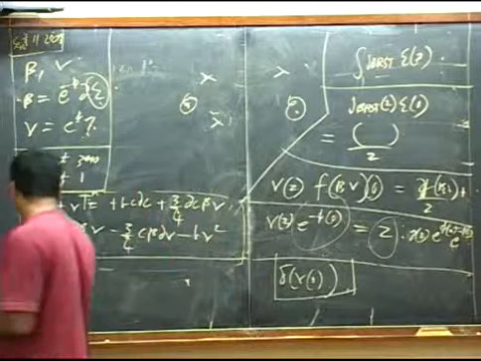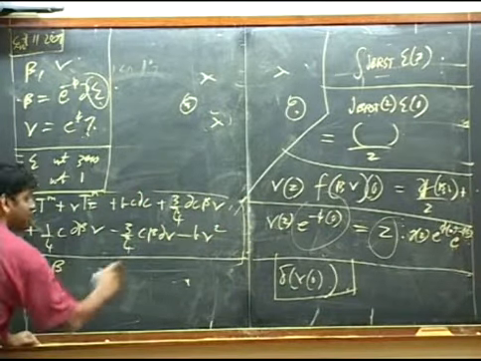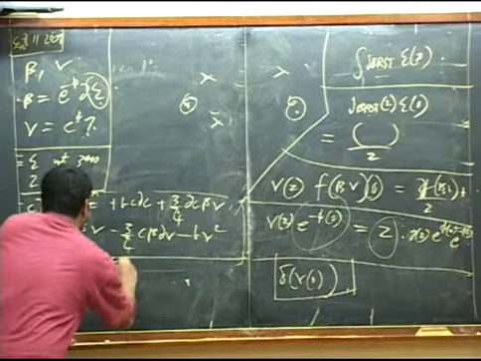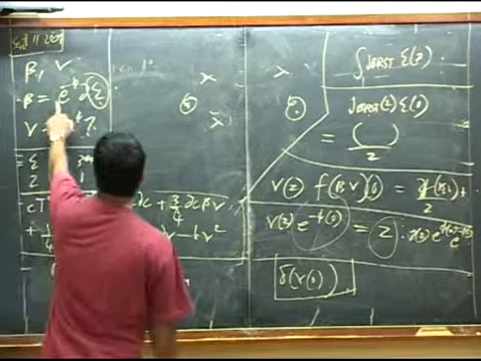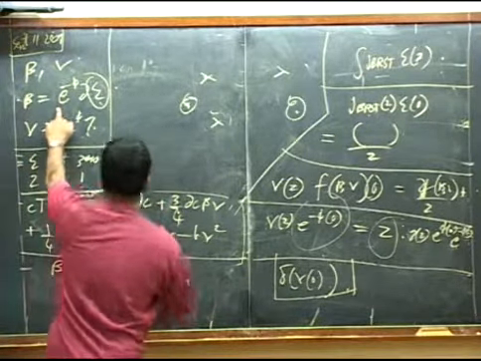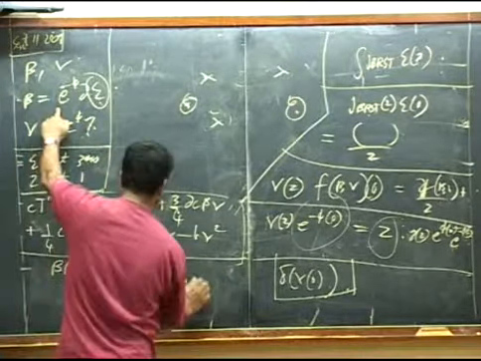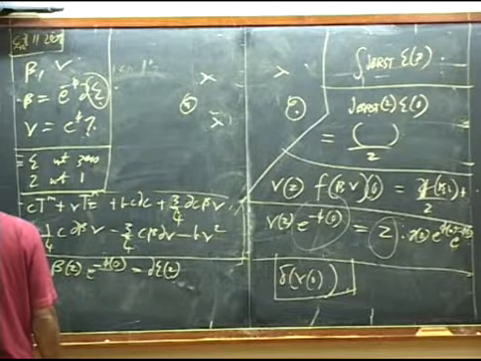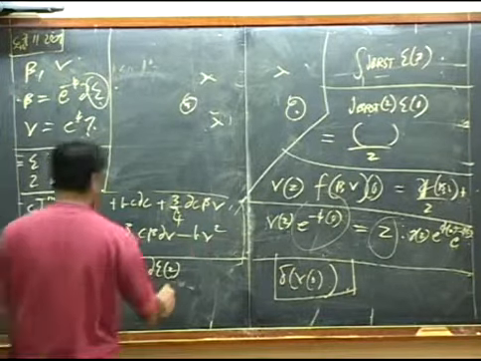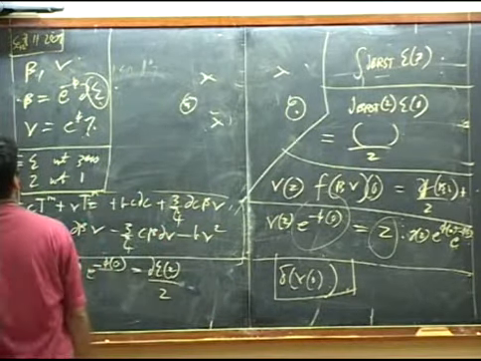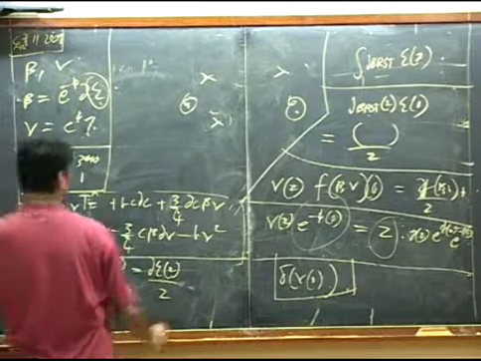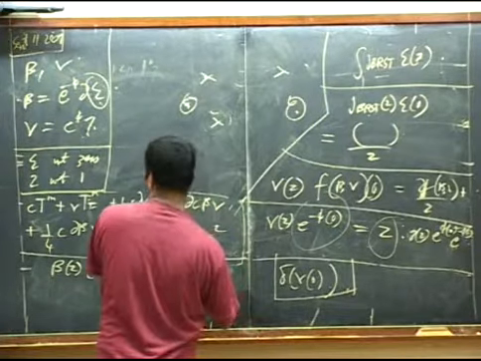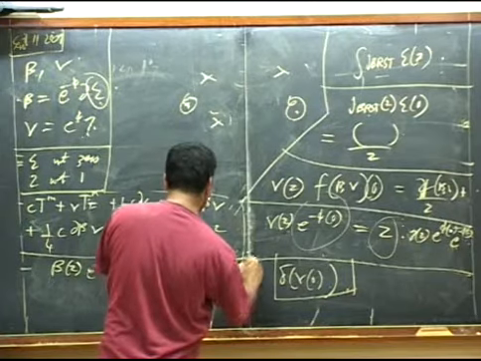Okay, let's try to approach this. I'm not sure if I'm going to make this work, but suppose I try to approach this object with beta. Suppose I take beta of z and approach e to the power minus phi. Okay, then according to this formula, what I'll get is delta of z divided by z times e to the power minus phi of z, e to the minus phi of 0.